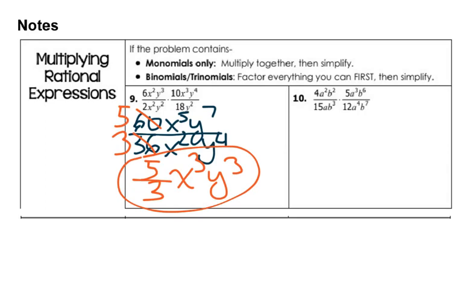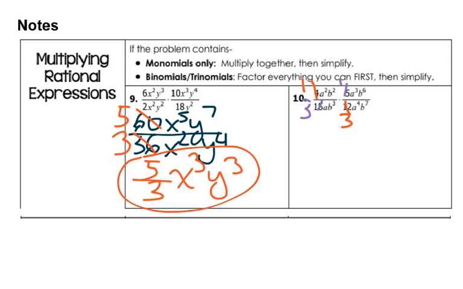So if you look, the coefficients are 4, 15, 5, and 12. So I can reduce 4 and 12 together, and that will give me 1 and 3. And then I'm going to reduce 5 with 15, which will give me 1 and 3.